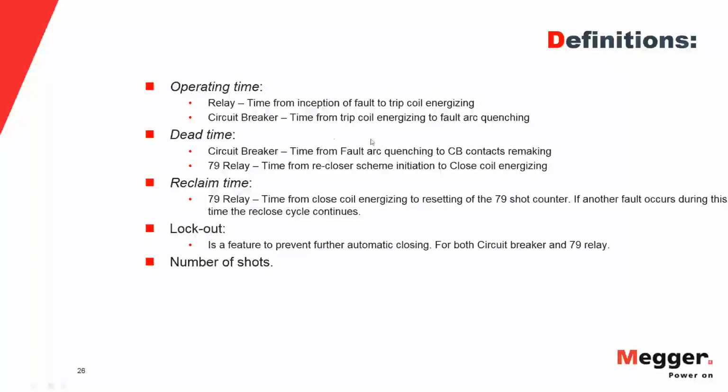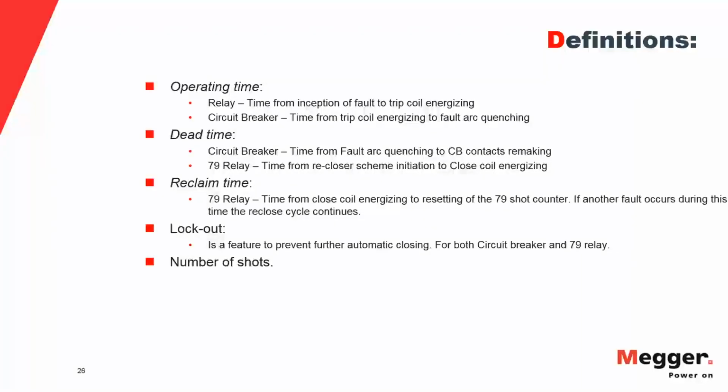Then you have the dead time, which, the most important one here for the 79 relay, is the time from the recloser scheme initiation, which initiates with the first trip, to the close coil energizing. So it goes from when the relay trips to when the 79 says, I want you to reclose.